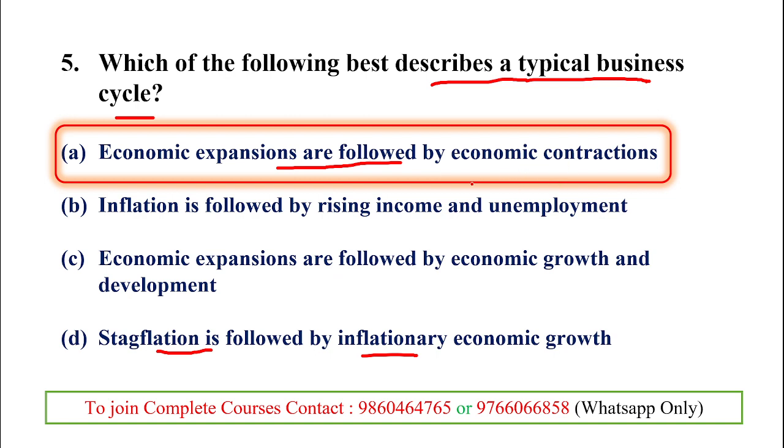So both cases, expansion and contraction, we get from a single graph. That is a wave-like movement. So this is an expansion and this is a contraction level. So both cases we can get from a typical business cycle.